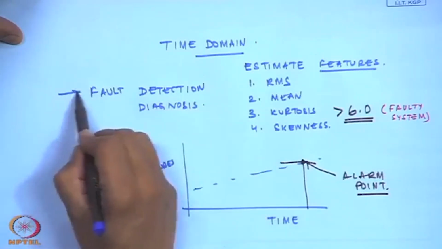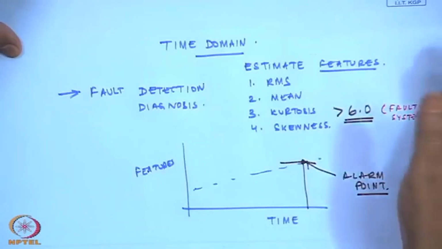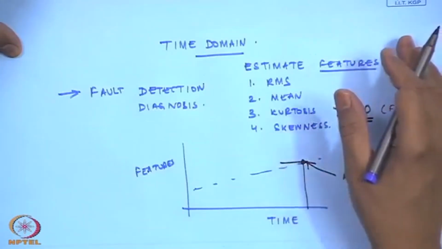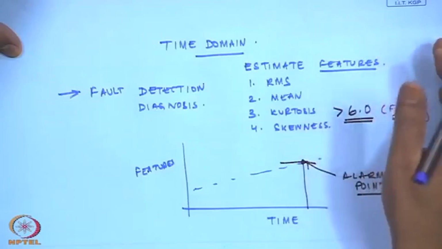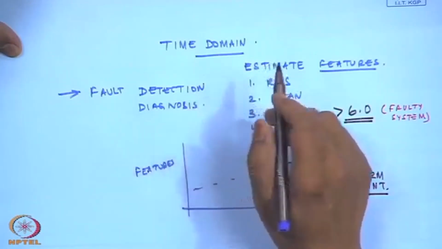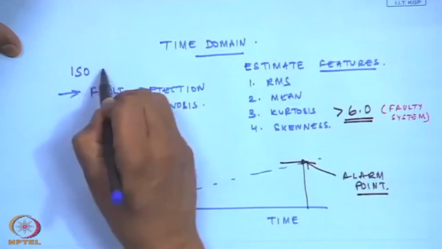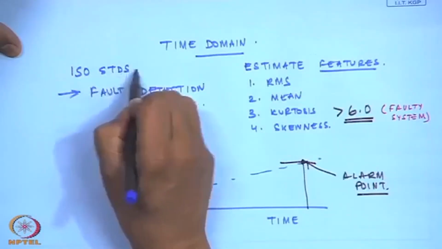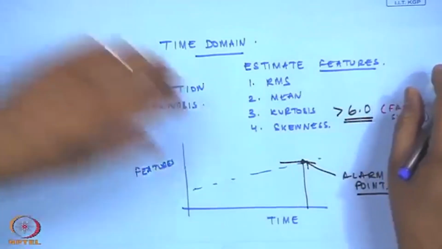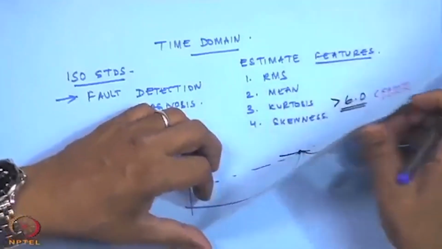We know grossly this will let us know that there is a fault in the gearbox, but we would like to know which gear, how, where and so on, and then we have to go more into the diagnosis module of the gearboxes. And there are many ISO standards which I will tell you when we discuss case studies in general and how such case studies are used to measure the vibration of systems.